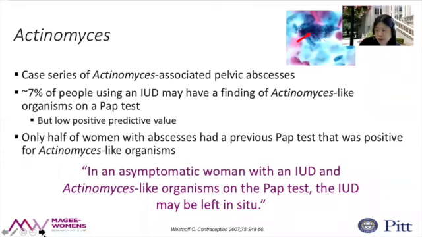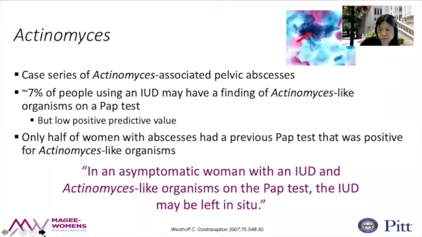The average prevalence of actinomyces-positive Pap smears is about 7%, although sensitivity, specificity, and positive predictive value were low. And only half of women with pelvic abscesses due to actinomyces were noted to have had a Pap test positive for actinomyces-like organisms. Given the low positive predictive value, the recommendation is that in an asymptomatic woman with an IUD and actinomyces-like organisms on the Pap, the IUD may be left in situ.